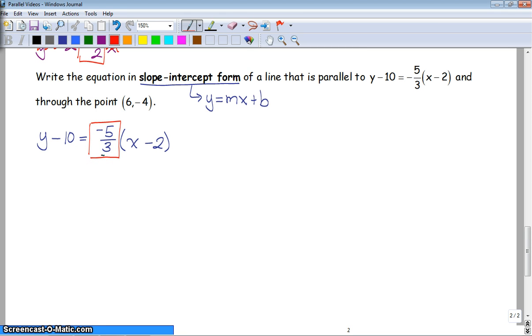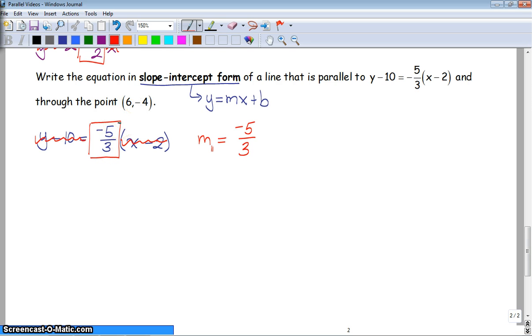And the slope is -5/3. The rest of this information doesn't really matter at this point. So off to the side, I'm going to write my information down. My new slope is m equals -5/3. Since it's parallel, the slope is the exact same.